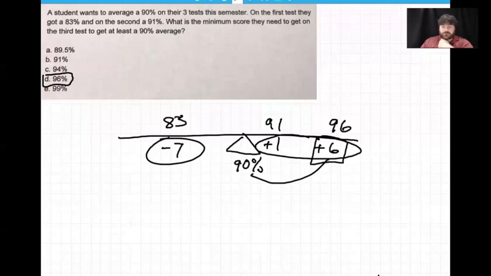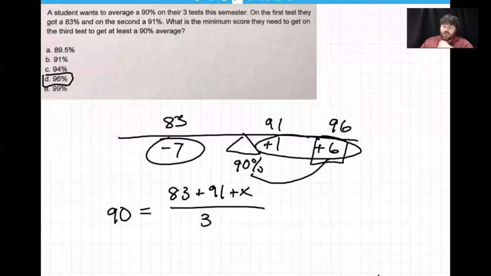There's another way. You could set up an equation. You know that the average of 90 has to equal the sum. So the first test was an 83. Add that to the second score, 91, plus the third score, which we don't know, so we leave that as a variable, divided by 3. That average should be 90. There's our equation. How do we solve it? Multiply both sides by 3 to get rid of that 3 there. That makes 270.